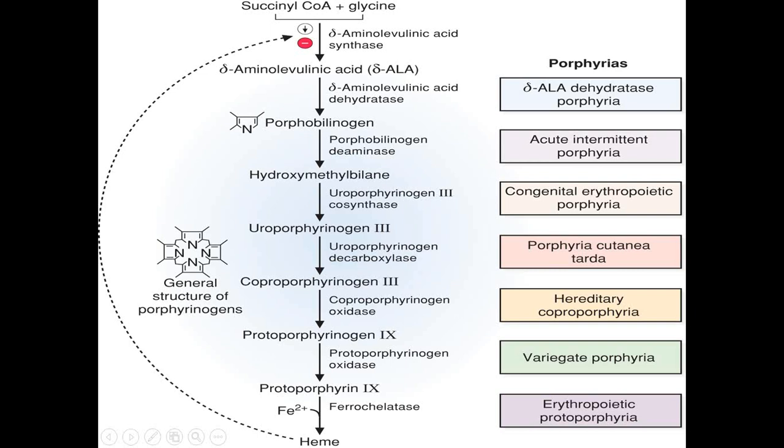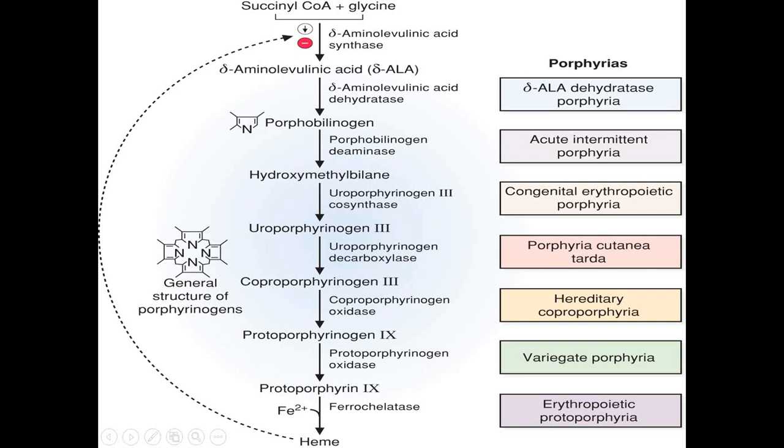Once delta-aminolevulinic acid is formed, it is changed into porphobilinogen by the enzyme delta-aminolevulinic acid dehydratase. If this step is not carried out properly, either due to lead poisoning or due to deficiency of this enzyme, then a porphyria occurs called delta-aminolevulinic acid dehydratase porphyria.